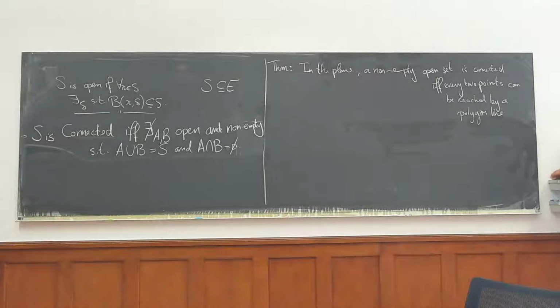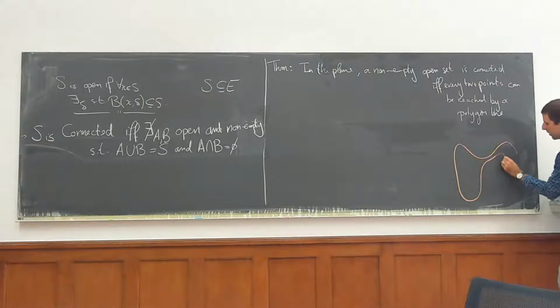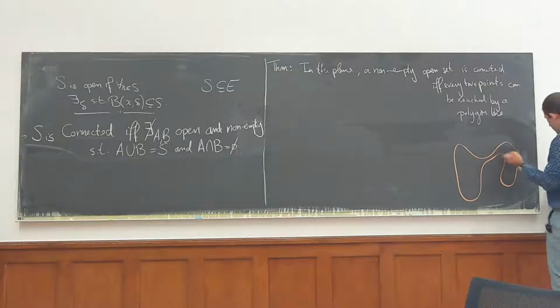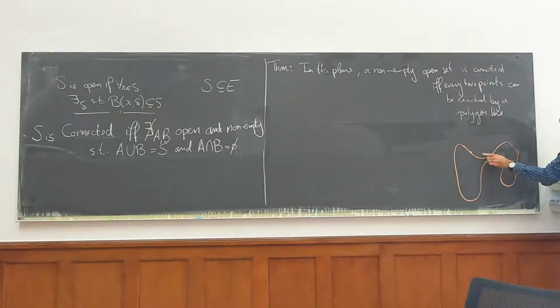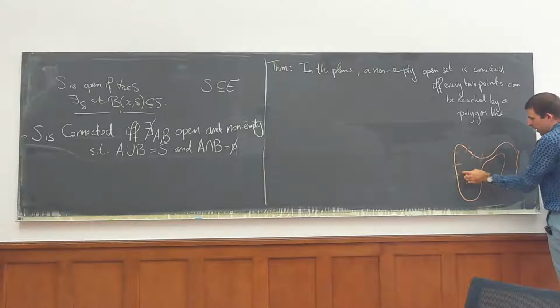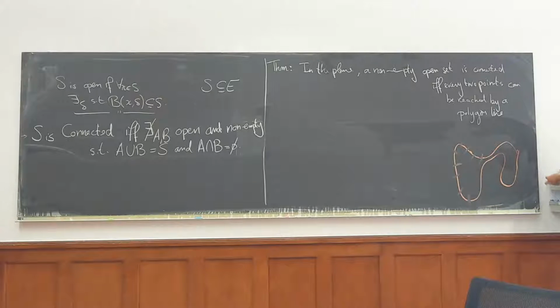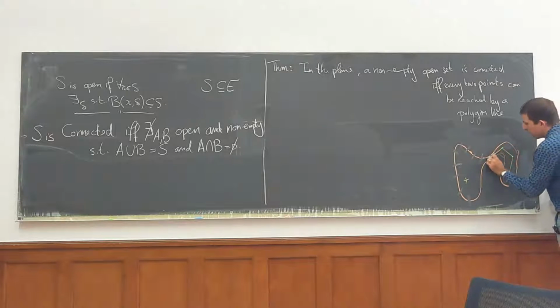Okay, so what do I mean by a polygon line? It's kind of obvious. Let's say I have a set like this. It's open, so the boundary is not part of the set. Now, if I grab two points, what I mean by connected by a polygon line is simply that you can go one line, and then another, and then another.